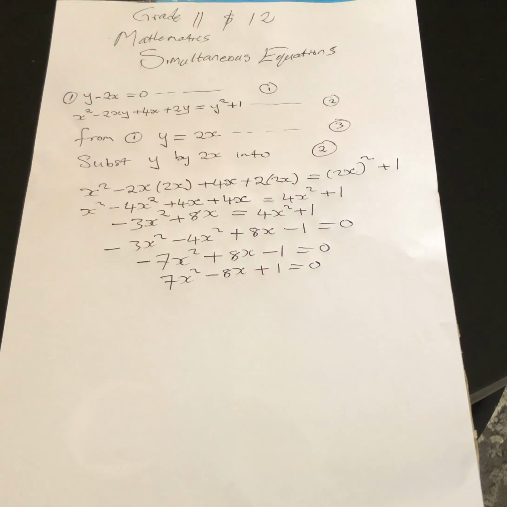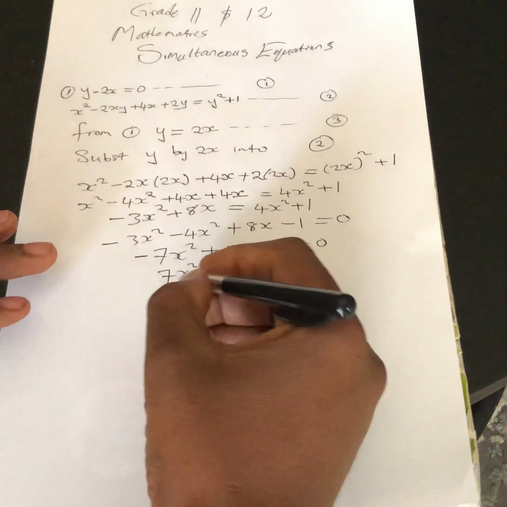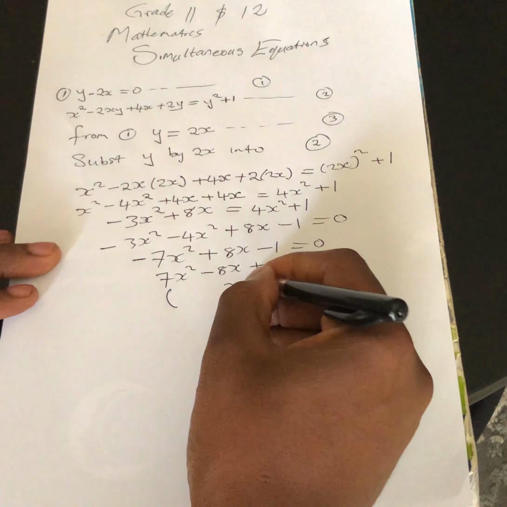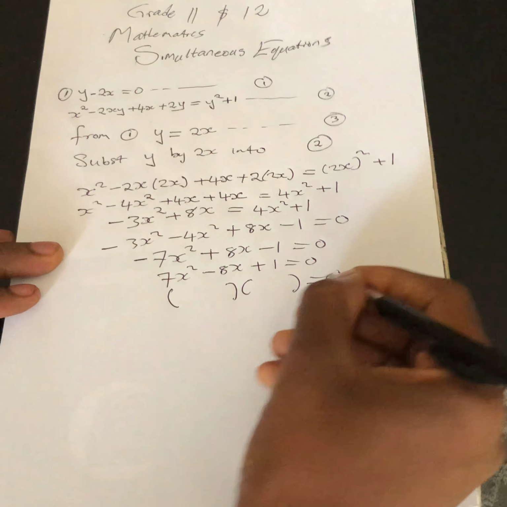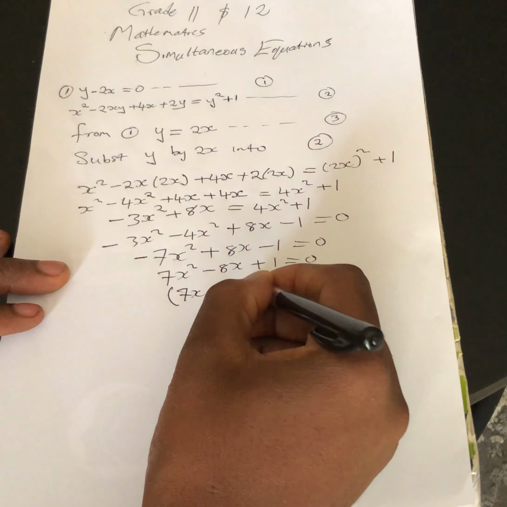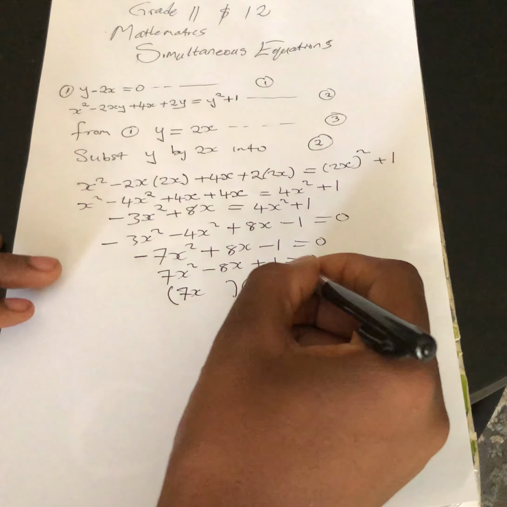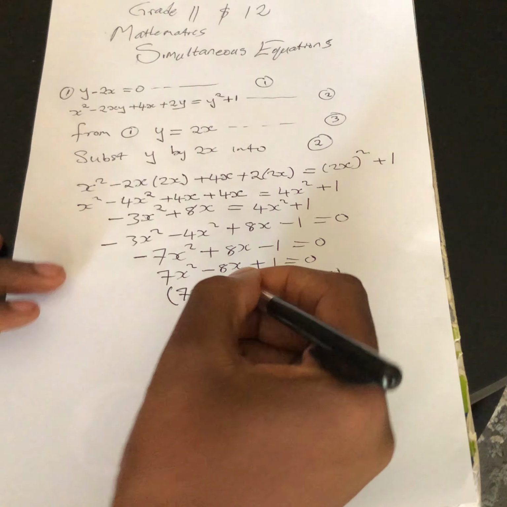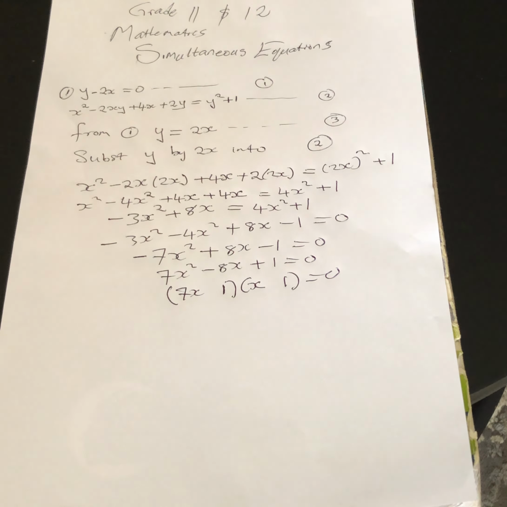So you can use the quadratic formula, or you can just introduce two brackets. Because of time, I'm going to introduce two brackets. When I have bracket 1 and bracket 2 is equal to 0, factors of 7x are 7x and x, 1 and 1 are the factors of 1.